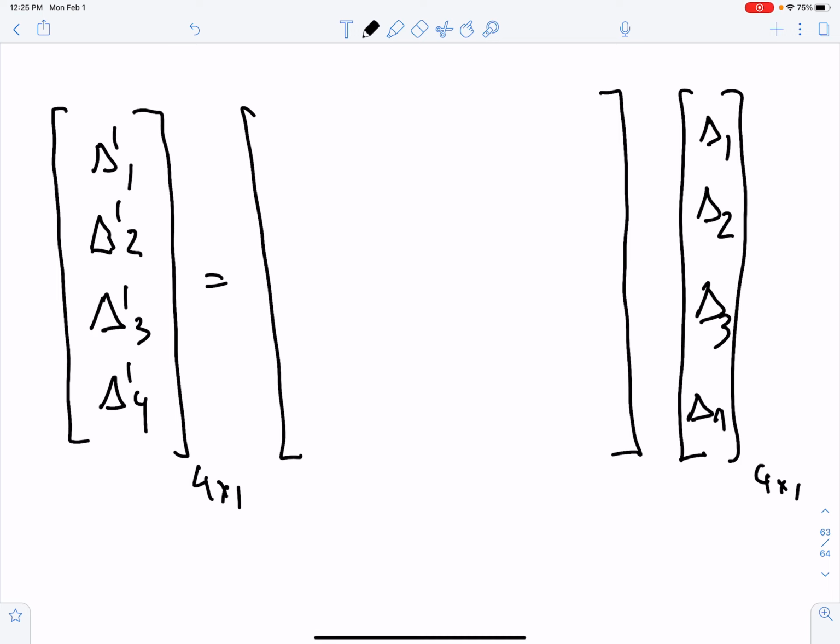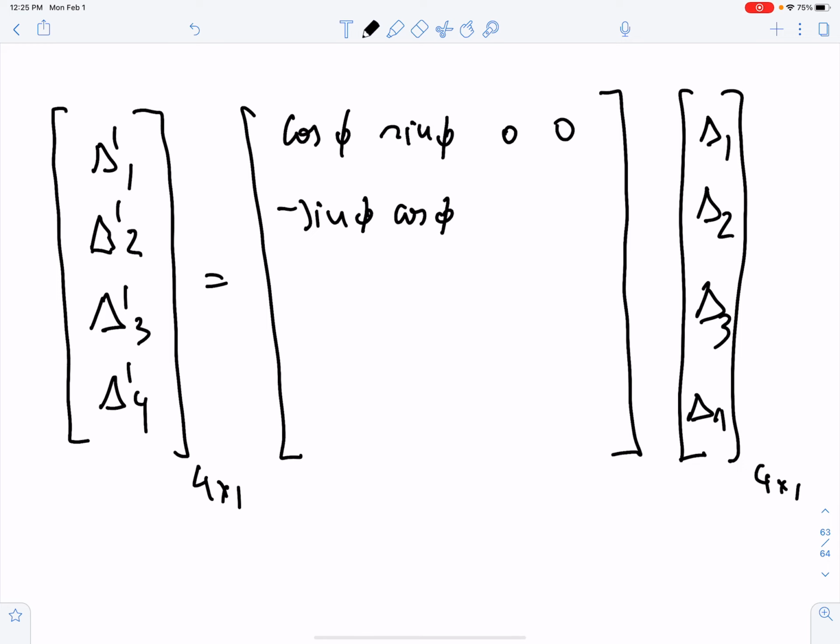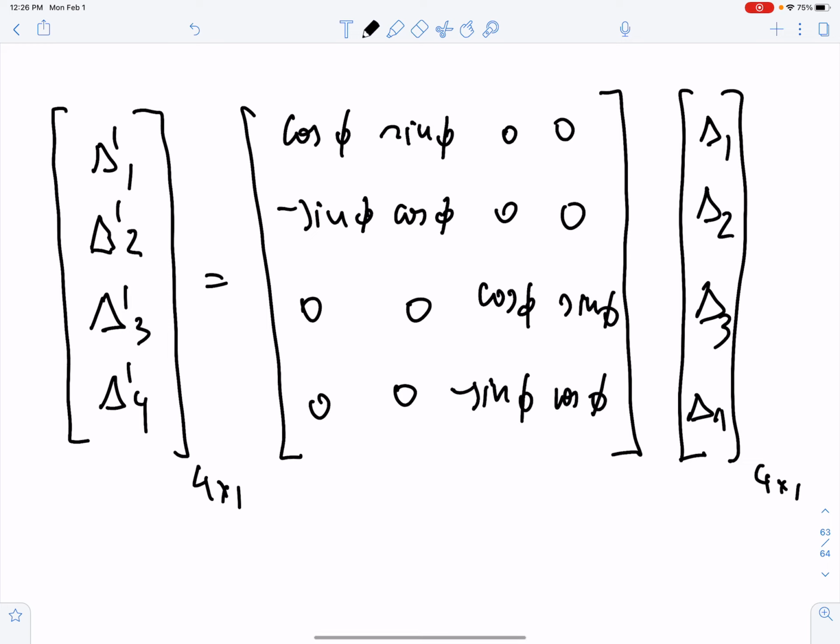Here I get cosine phi, sine phi, 0, 0, minus sine phi, cosine phi, 0, 0, then 0, 0, and the 2 by 2 block repeats: cosine phi, sine phi, minus sine phi, cosine phi.